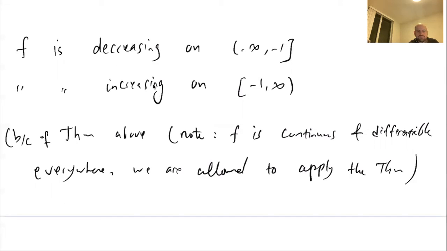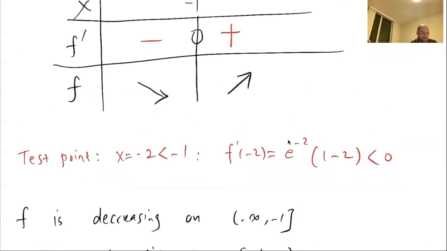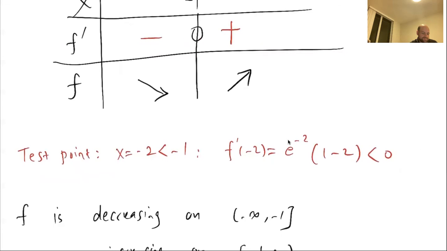So I concluded these two because of the theorem that we learned today, and we were allowed to use the theorem because f is continuous and differentiable everywhere. So we are allowed to apply the theorem. Okay, so this is for intervals of increasing, decreasing.